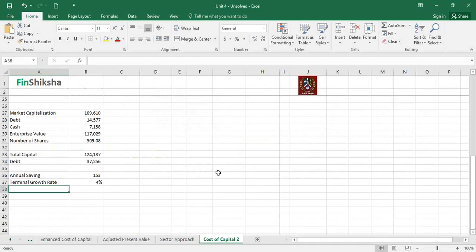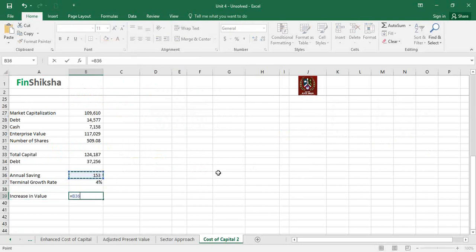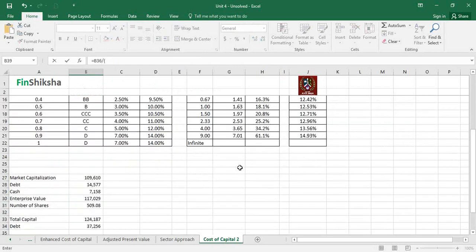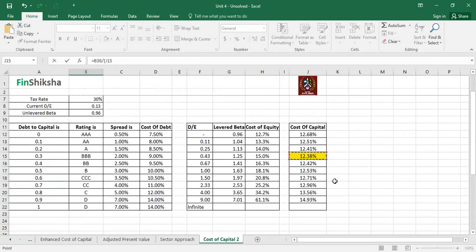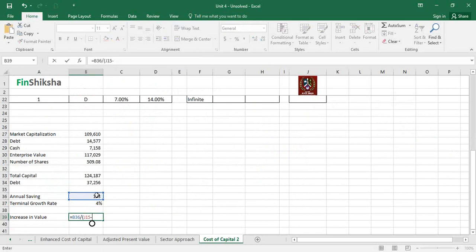Let's solve for this. So what we are saying is that increase in value is nothing but 153 divided by R minus G. What is R? The new R is 12.38 minus G, which is 4%. So we get this number, right? So there's a little bit of a change.